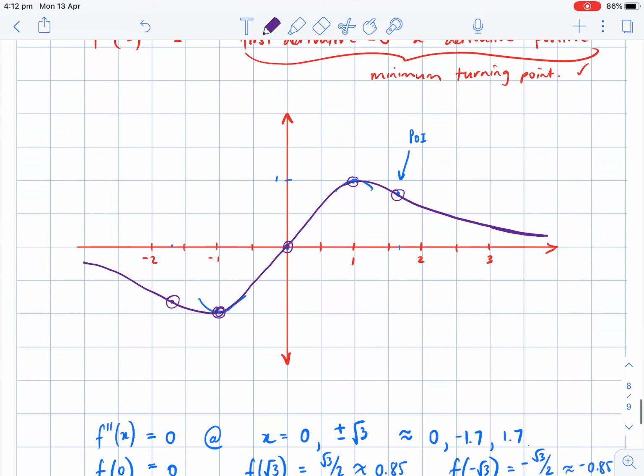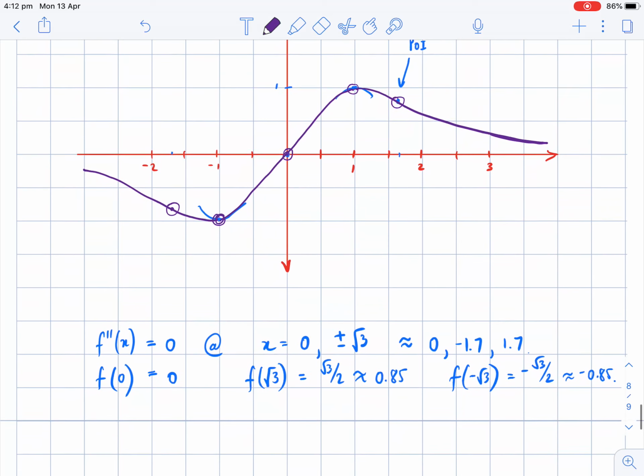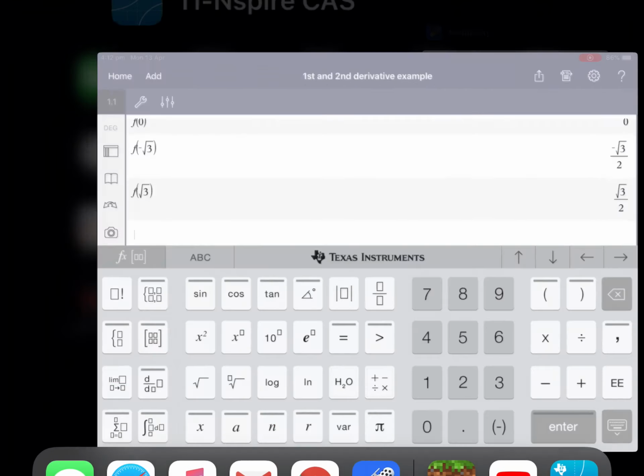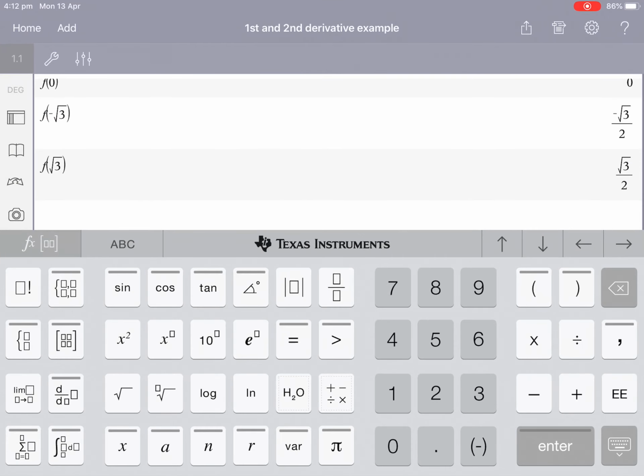I also know for this graph, I'm just going to go a little bit further because there's some interesting information here. You can see how I've got my graph flattening out. There's two ways I can know that it's got to do that. The first one is I can solve to find the x-intercepts. So the x-intercepts we know are when y equals 0. So that's when the original f of x function equals 0.